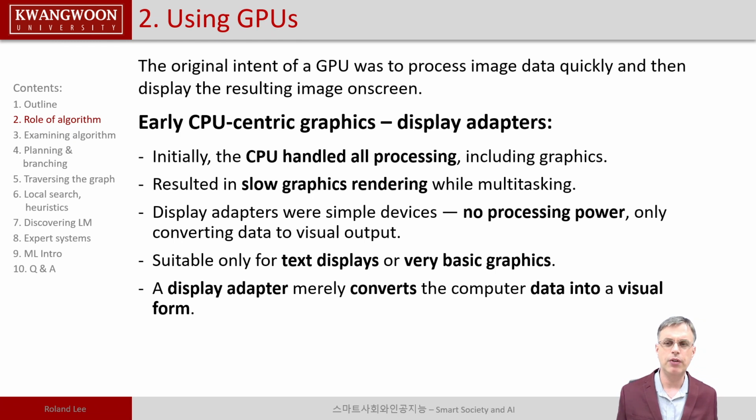A GPU moves graphics processing from the motherboard to the graphics peripheral board. The CPU can tell the GPU to perform a task, and then the GPU determines the best method for doing so independently of the CPU.